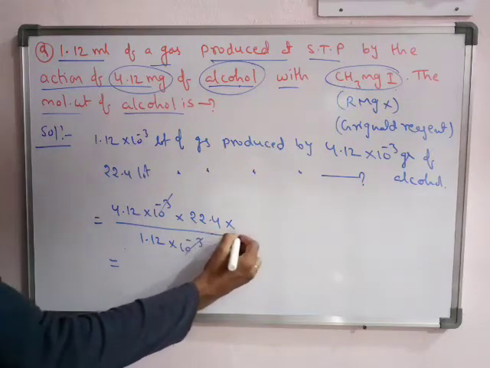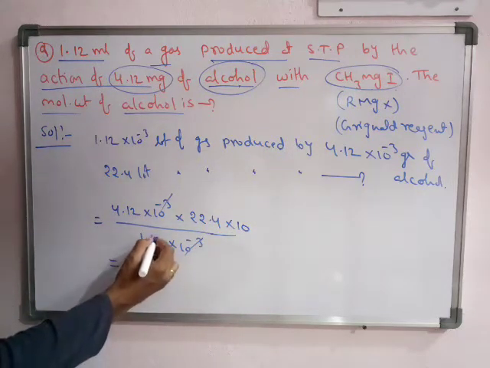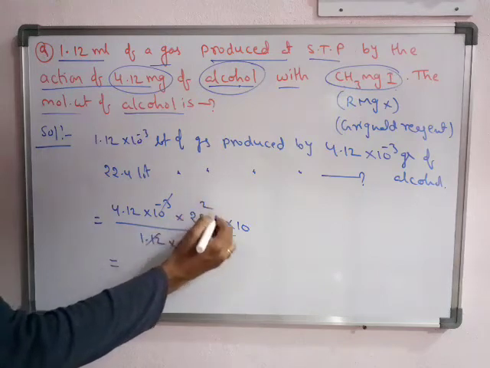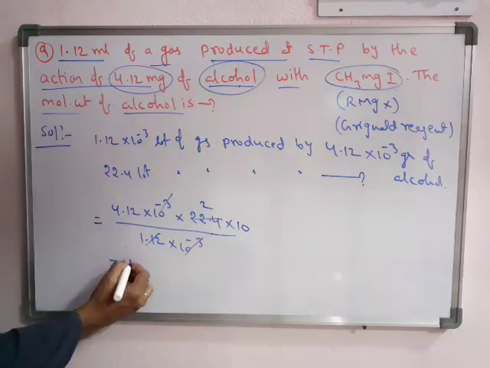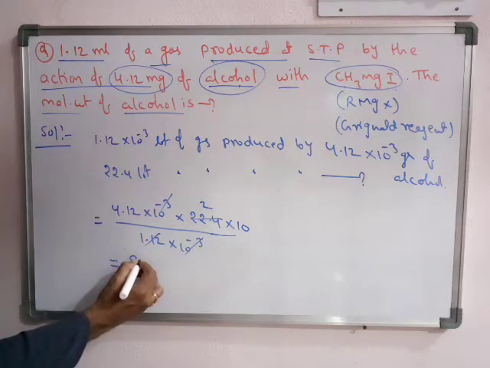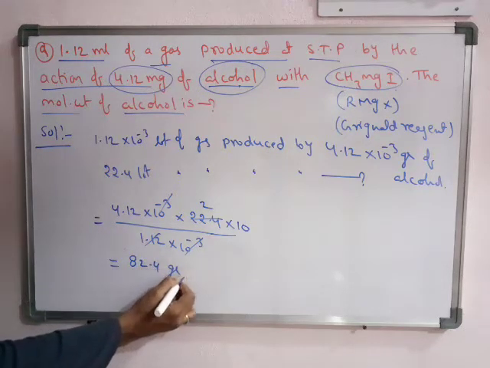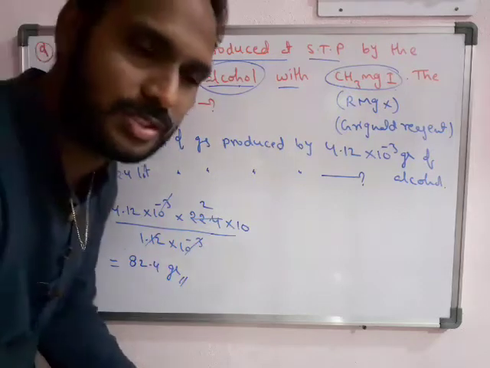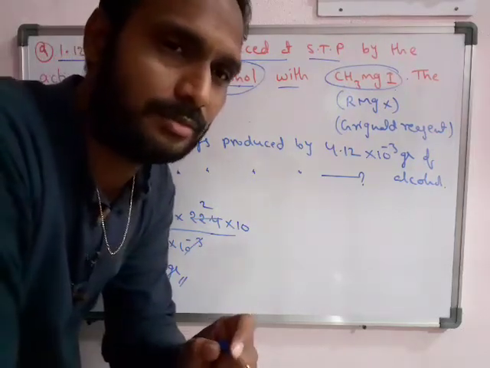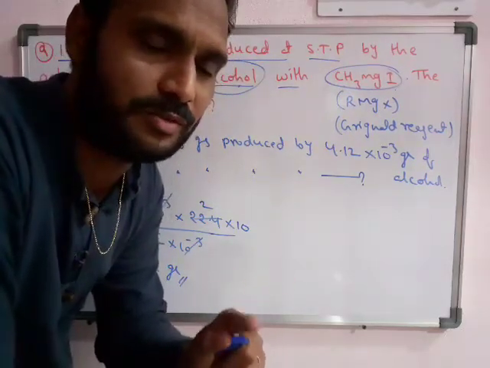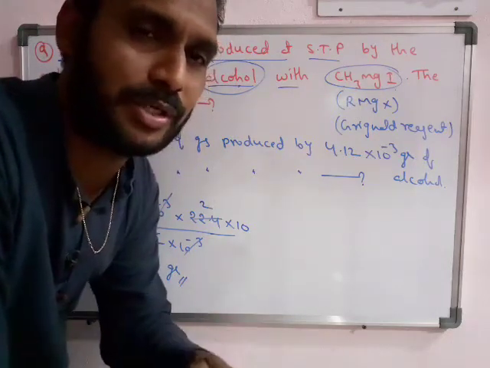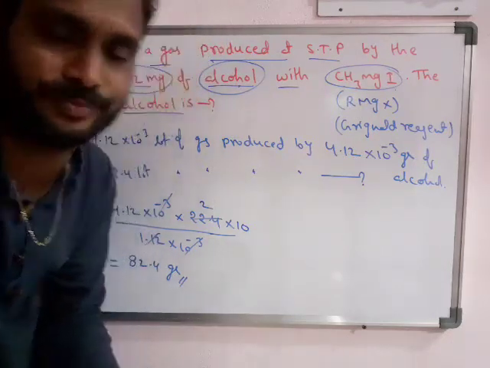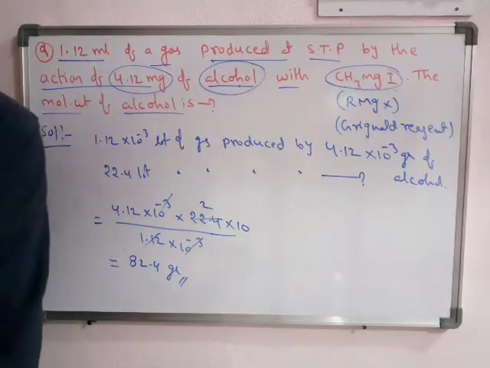It becomes 82.4. So the molecular weight of the alcohol, meaning the mass of 1 mole of the alcohol, we got 82.4. So directly we can say its molecular weight is 82.4.